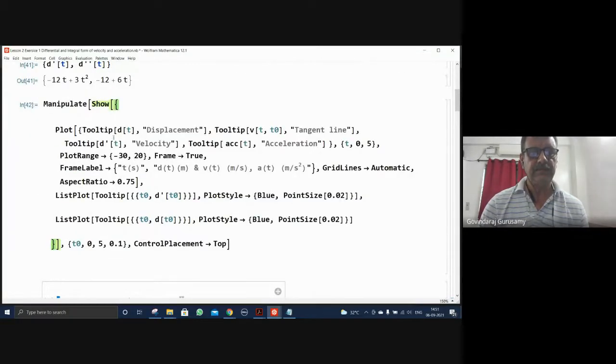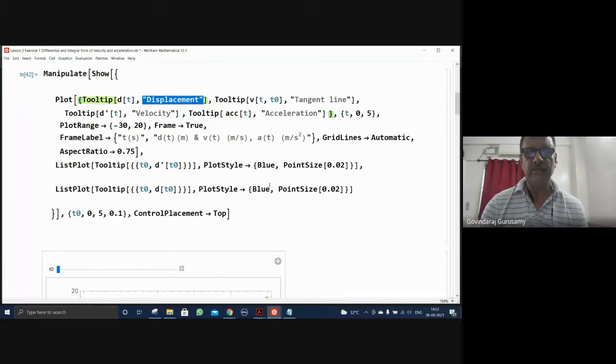Okay, so now you can see these are the options which are available. If you practice this now itself, you will always try to have a clear-cut picture of what you are trying to plot. Tooltip provides this information on the screen. Then we are plotting with this tooltip d of t, where t varies from 0 to 5.